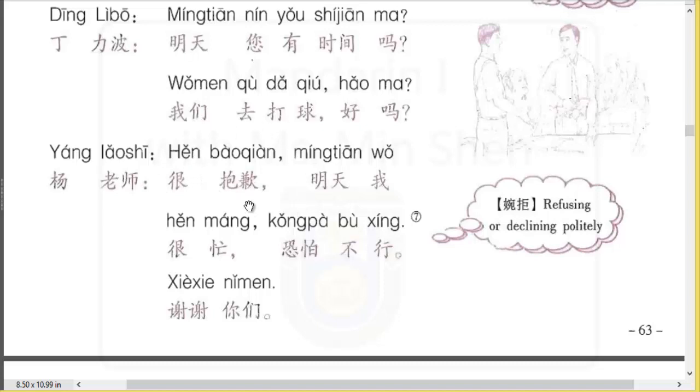As we know, 抱歉 is another way to say 对不起, to say sorry. So 很抱歉, very sorry. 明天我很忙. Tomorrow I'm very busy. 明天我很忙. 恐怕不行. I'm afraid 不行, not okay. And as I mentioned, I'm afraid is the expression just to try to comfort people.